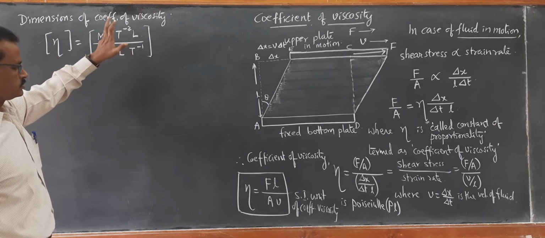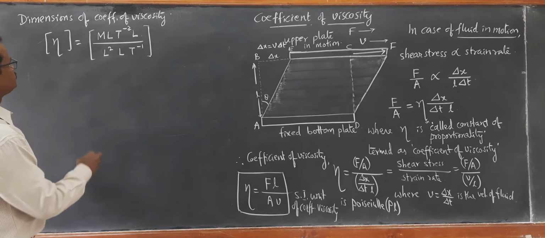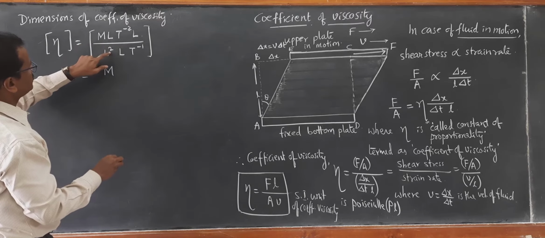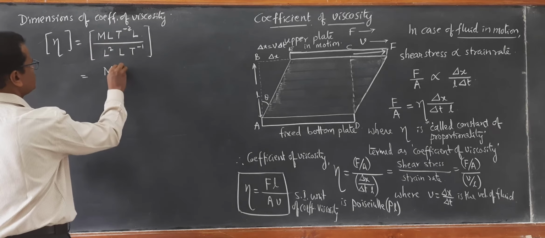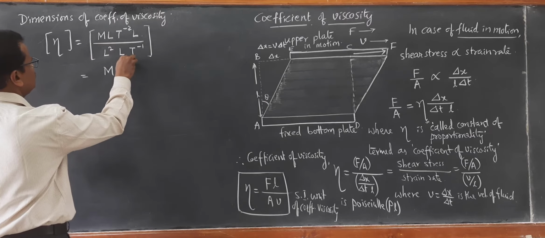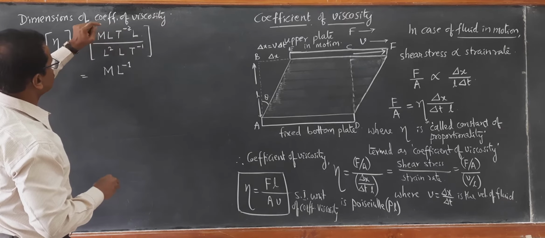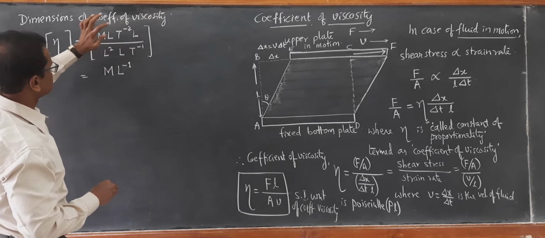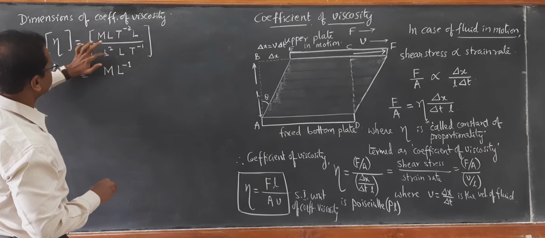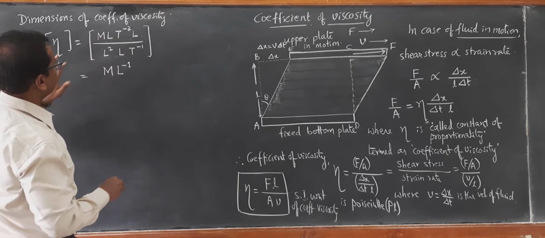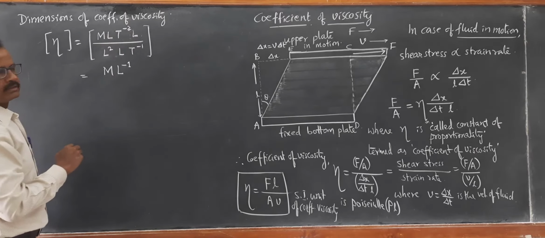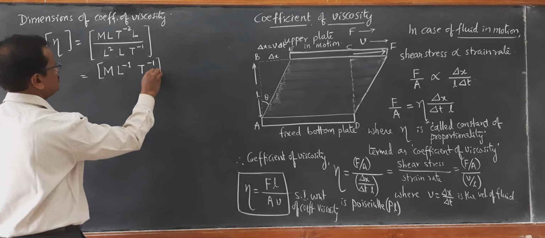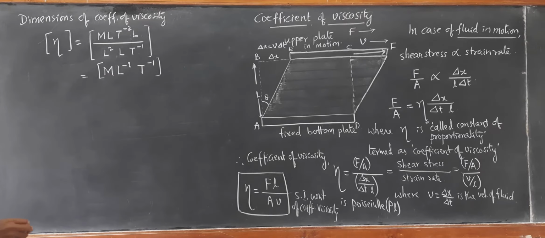T raised to minus 1 comes to the numerator. So it becomes M, L raised to 1 minus 2 becomes L raised to minus 1, then T raised to minus 2, and one L cancels, you are left with L raised to minus 1, and this T goes to the numerator, so it becomes T raised to minus 1. So these are the dimensions of the coefficient of viscosity.